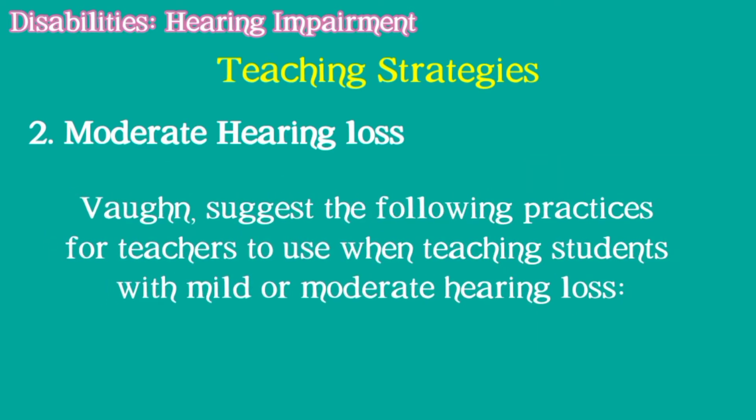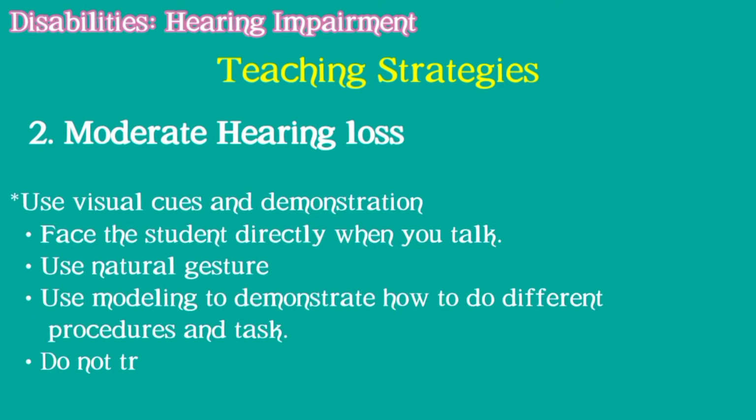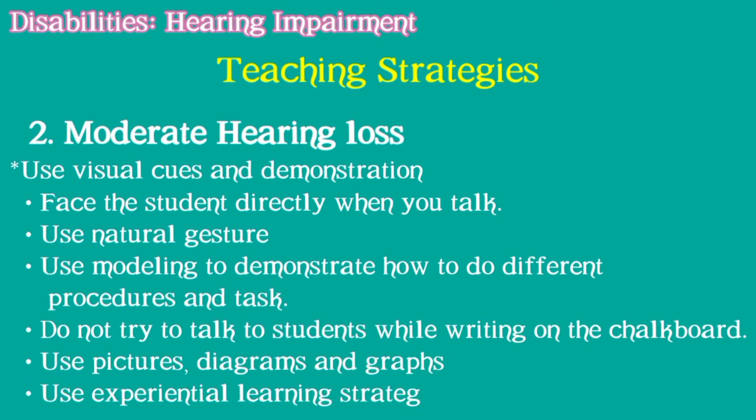So Vaughn suggested the following practices for teachers to use when teaching students with mild or moderate hearing loss. So use visual cues and demonstration. First, face the student directly when you talk. Second, use natural gestures.